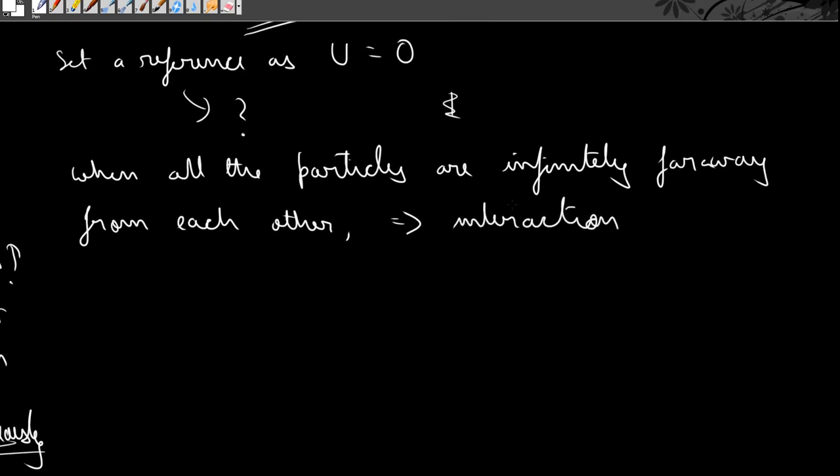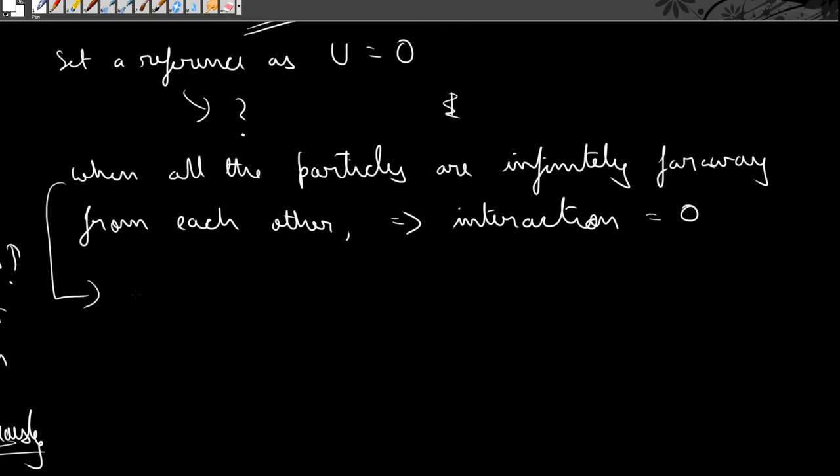Because they are infinitely far, it's as if they will not know that there are other particles around them, so the interaction will be zero. So we can set this as a good reference point.